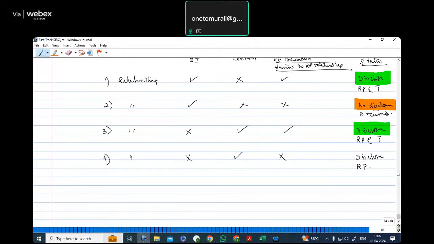So the matter is a very simple matter. See, people might have this feel, sir, 2 and 4 are lookalikes, because in both cases you do not have the transaction. When you have the related party relationship under significant influence, you say nothing is required, whereas for the similar scenario, you say disclose the related party relationship.